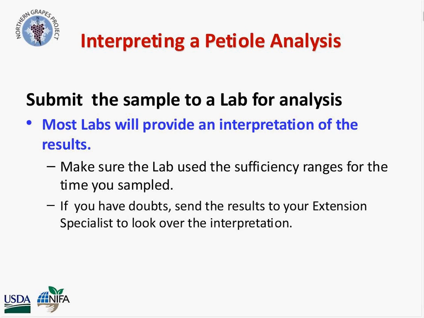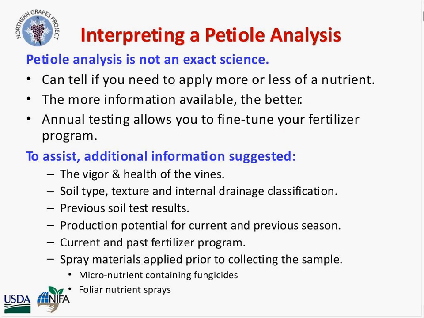When including a sample, remember that petiole analysis is not an exact science. It can tell you if you need to apply more or less of a nutrient, and because of that, the more information available, the better. Any additional information allows us to fine-tune the program.